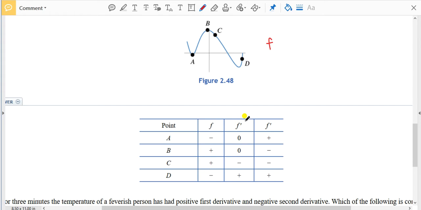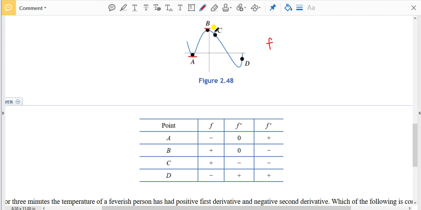Now f prime is the rate of change of this function, or the slope of this function, and for a, we can see that the slope is constant, or 0. The same for b, this is also constant, or 0.